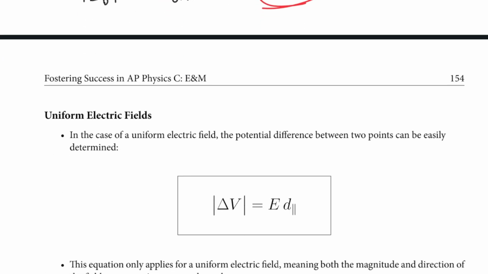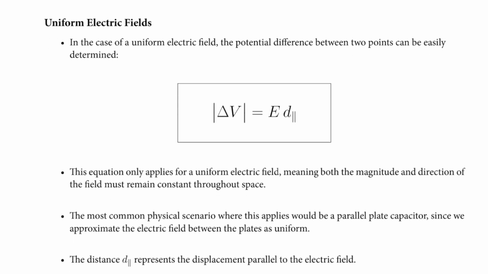So just like you can go from electric potential to electric field, we can also reverse it in the case of a uniform electric field, where we can say that the amount that your height has changed is equal to the slope of the terrain, E, times the distance you've walked parallel to E. Now, for people that use dot products, which is not me, if you're a dot product person, you'll see this formula written as delta V equals negative E dot d, where d is this displacement vector.